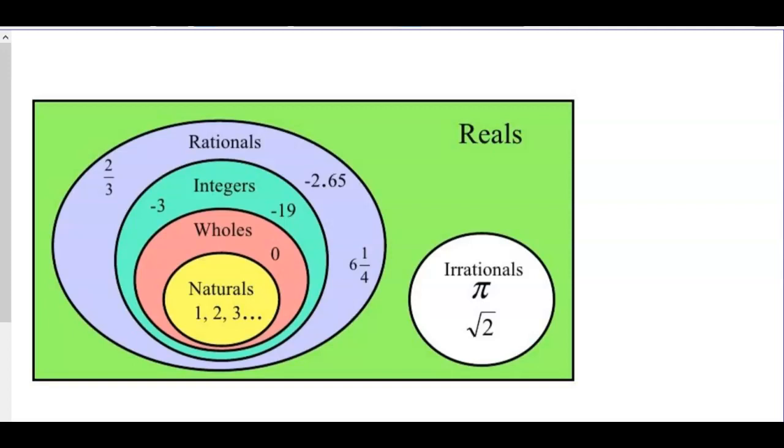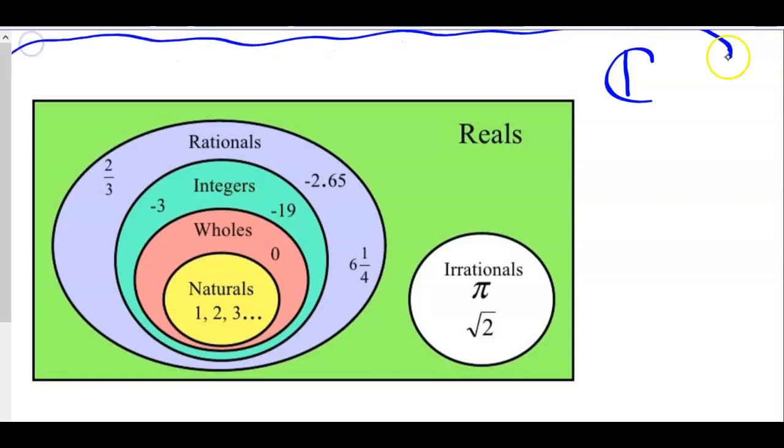Hey, some people like to see what sets are in other sets. And remember, this all are part of the complex numbers. Okay, so if you're an integer, you're also a rational, a real, and a complex. All right, there are a few numbers that are all of them.